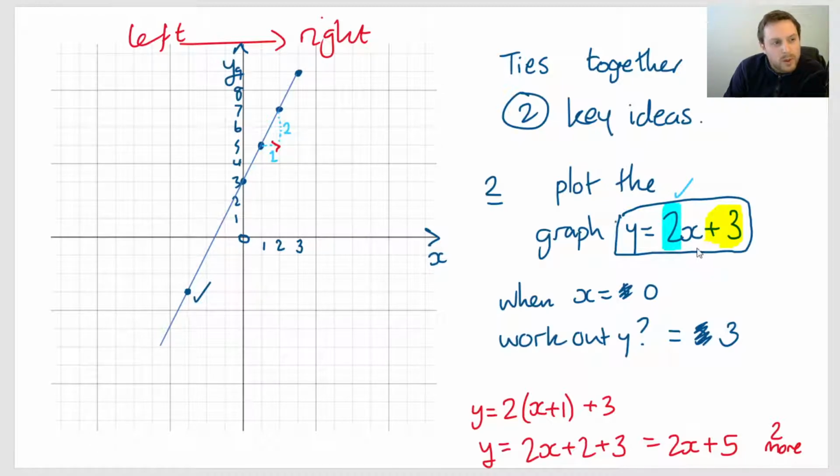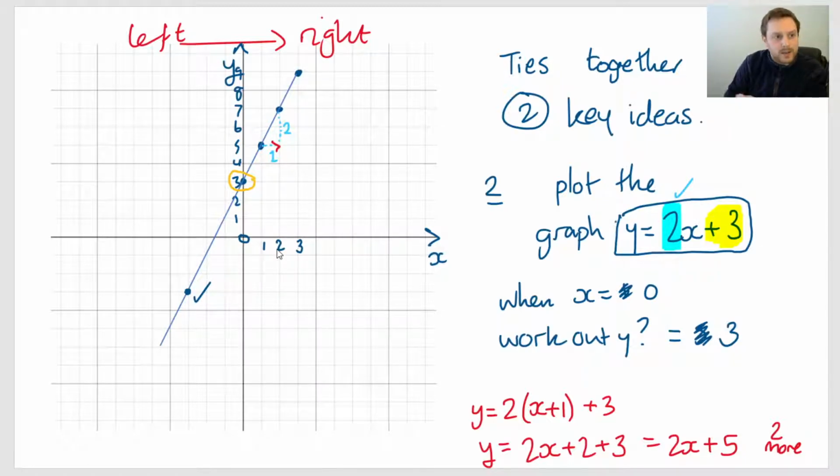If you think about all the coordinates on the y-axis, they all start with 0, right? So you've got (0, 1), (0, 2), (0, 3), (0, 4), (0, 5). They all have x being 0. So this plus 3 is just where it crosses the y-axis.